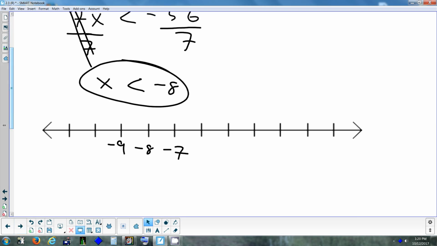Decide on the circle. What kind of circle do we need here? Open. I like that, open. And now I have to decide which way to shade. Which way should I shade, Gemini? To the left. Okay, make it left. That's it. Any question on that one?